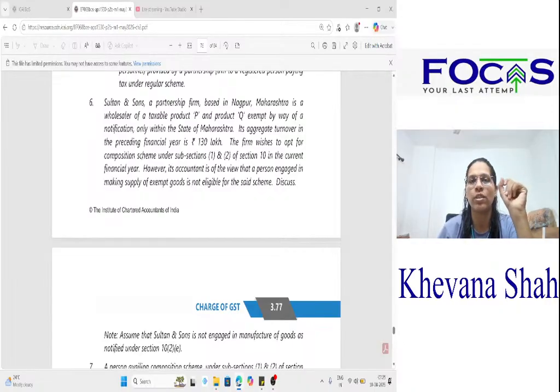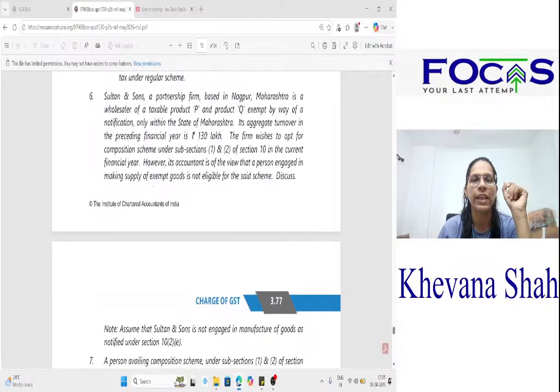It should not cross 150 lakhs for the state of Maharashtra. Since it is providing intrastate supplies, the turnover limit condition is also met.